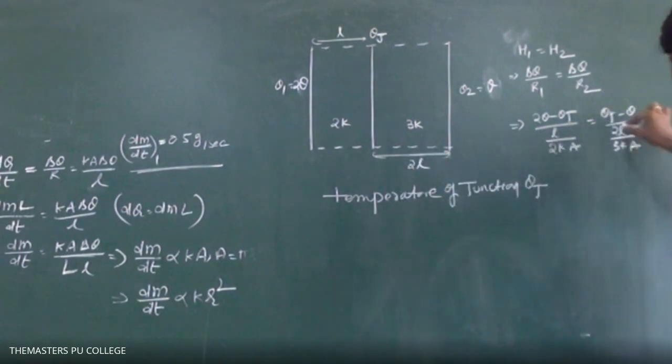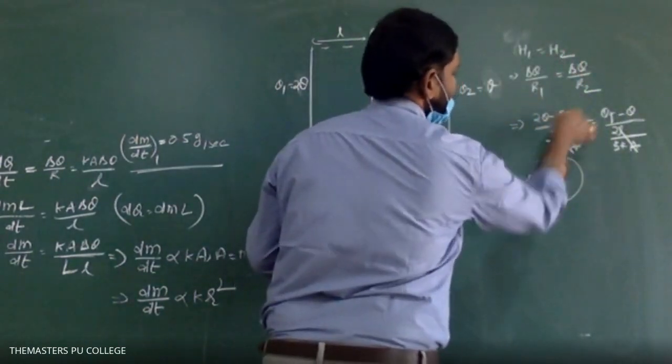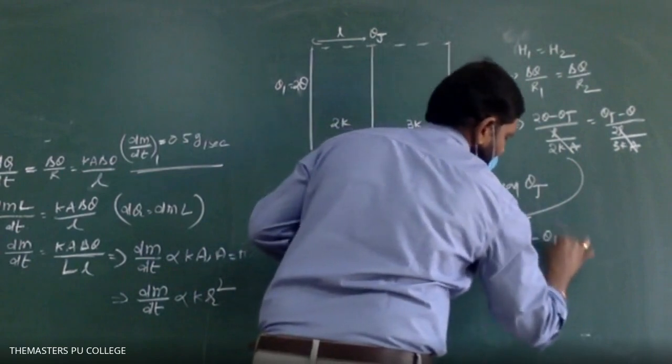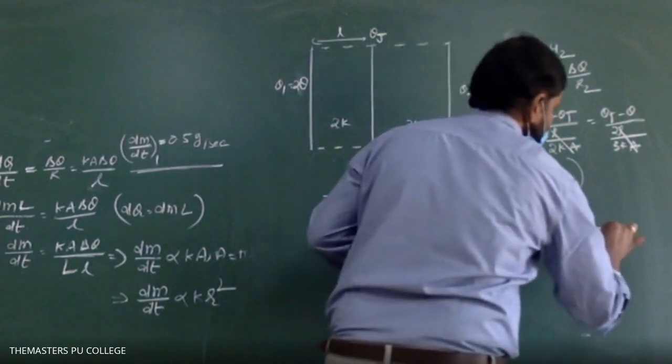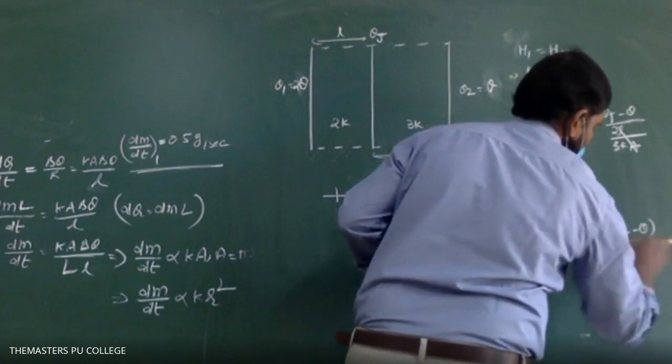So this L by KA cancels. Finally, what we will get: 2 theta minus theta j, into 2, that is 2 into (2 theta minus theta j), is equal to 3 of (theta j minus theta), divided by 2.